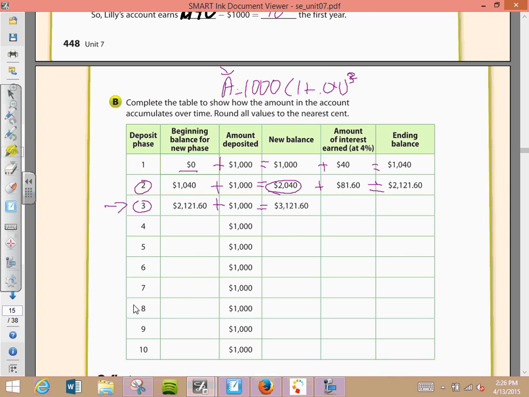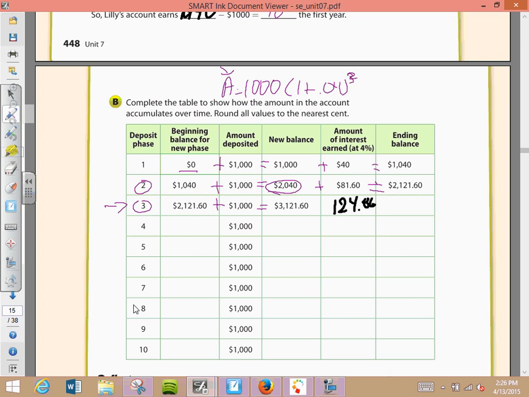All right, so for this one, you multiply 1,000 times 1 plus 0.04 to the power of 3, and I get 1,124.86, right? You take away 1,000 and you get whatever the interest was, which is only 124.86.